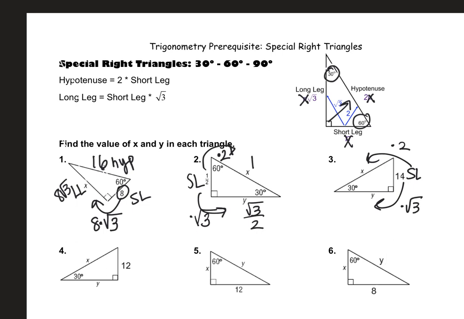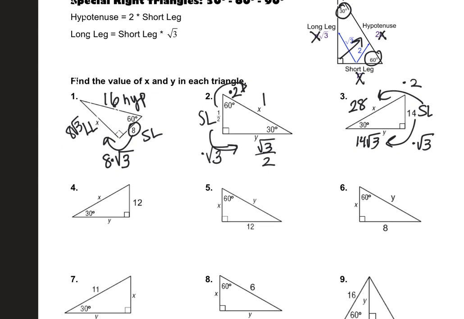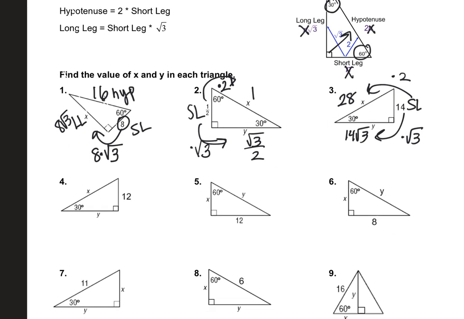So X is 28. And then Y is 14 radical 3. So everything stems from the short leg in a 30, 60, 90.